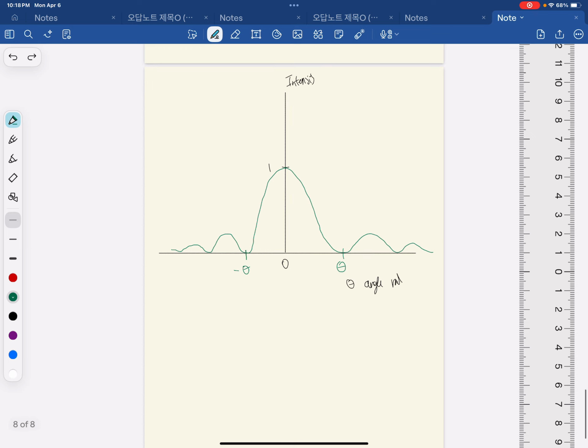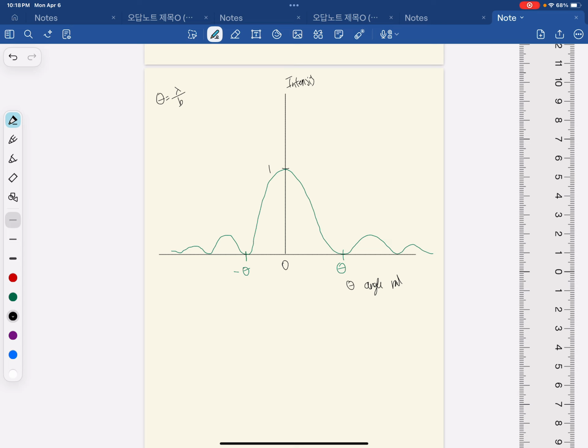Now let me rewrite the formula so we don't forget it. Theta equals lambda over b. Let's do a thought experiment. What happens if we increase the wavelength? I'll draw this new diffraction pattern on top of this graph, and I'm going to label the new theta, which is the angle at which the first minimum occurs, as theta 1.